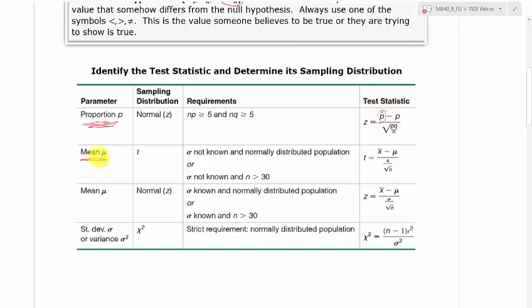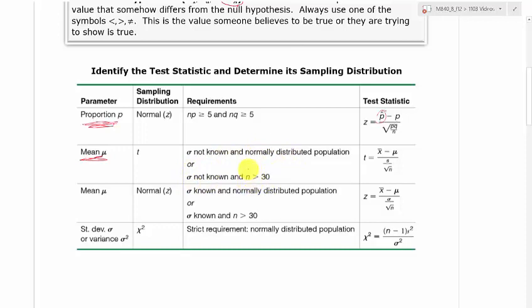We could test about a mean of a population. The sampling distribution would be t. You would use this if sigma is not known and you are from a normal population, or if sigma is not known and you have n greater than 30.